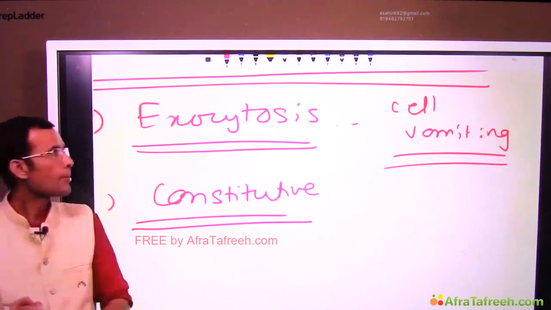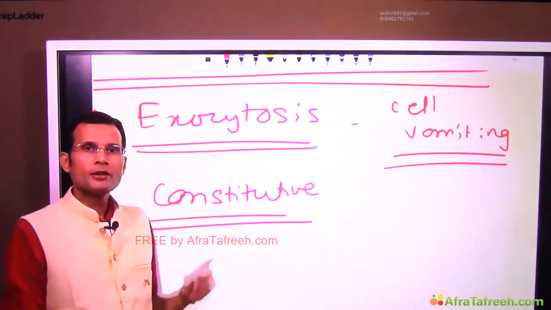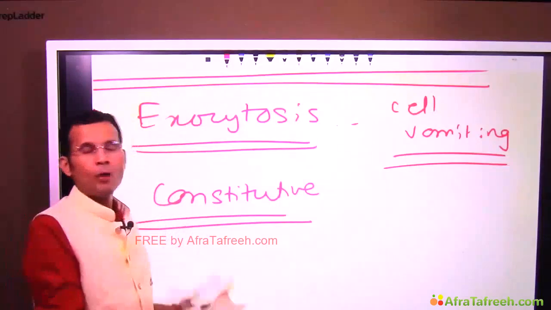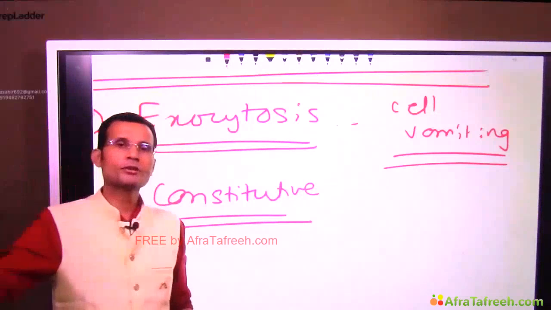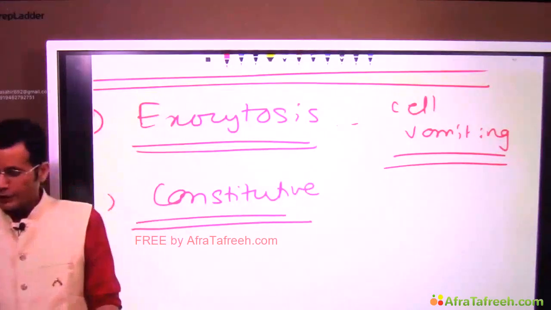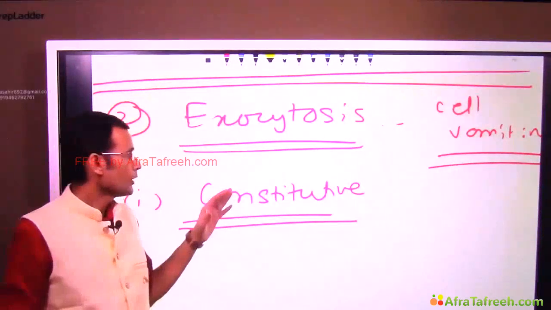We have seen some time back cell eating, cell drinking, now cell vomiting. And of course, you must have read about apoptosis and necrosis, which are called cell suicide and cell murder. Right. So exocytosis, again of two types.